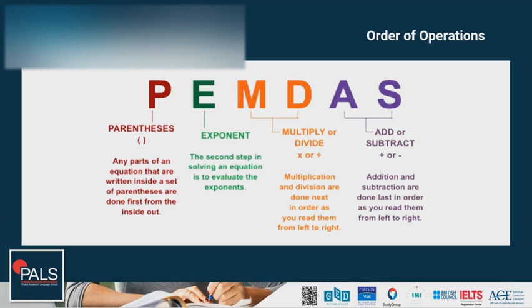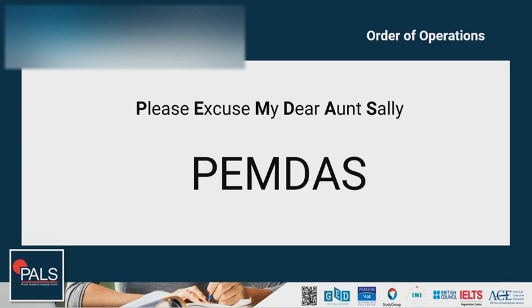Now, to easily remember PEMDAS, it is good that we think of a very familiar expression that will represent each of the letters. Like, please excuse my dear Aunt Sally.